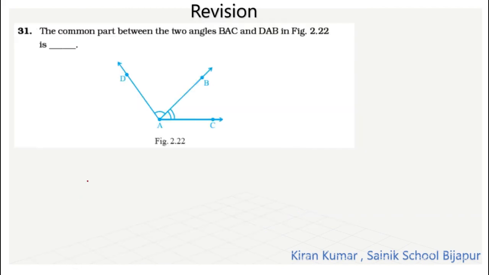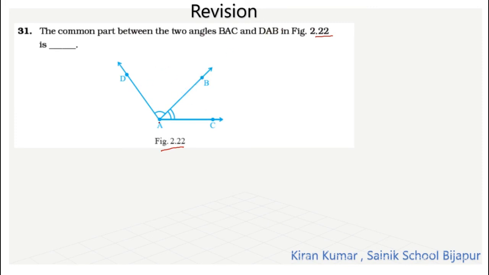Question 31. The common part between the two angles BAC and DAB in the figure 2.22 is, the given angles are BAC and angle DAB.